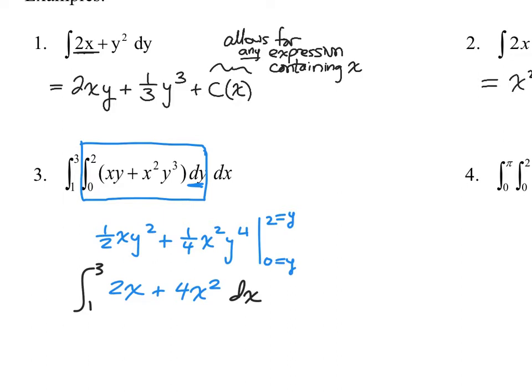So I just have to get my calculator out. I resume. Again, just a reminder, it's Math 9. We're typing in 2x plus 4x squared on the interval of 1 to 3.